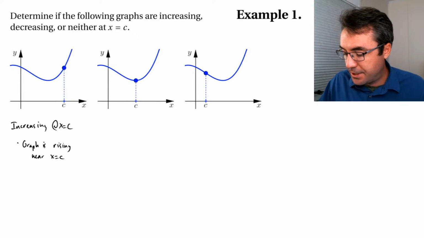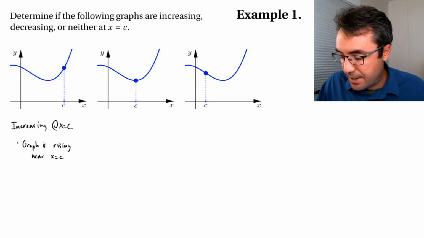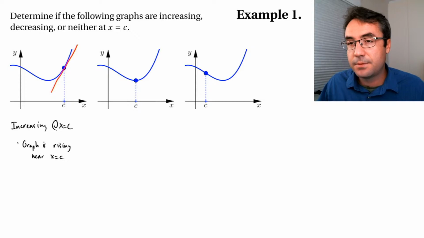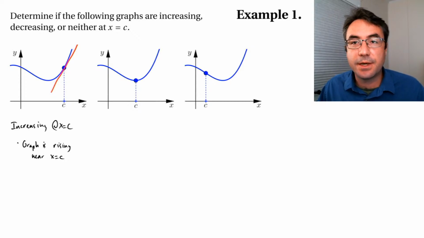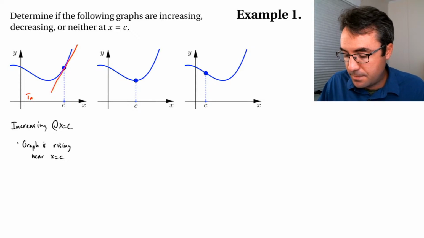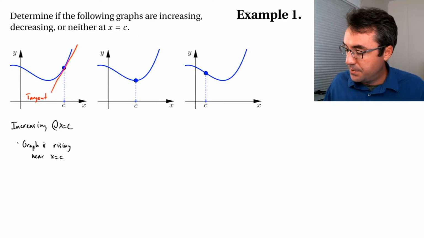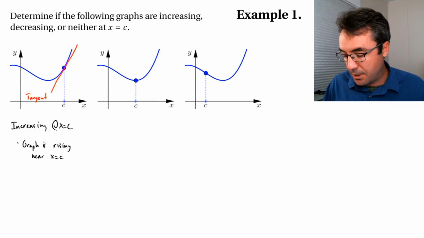But another interpretation is if we were to draw the tangent line at that point. Let's draw in what we think the tangent line looks like. We see that the tangent line has a positive slope.